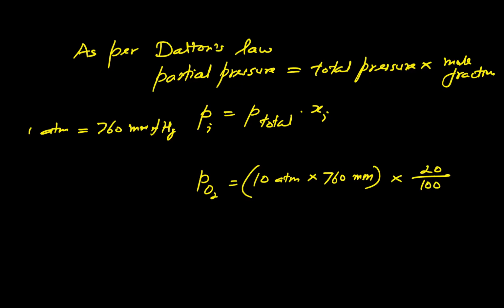From here you got the partial pressure of oxygen. Similarly, you get the partial pressure of nitrogen: total pressure, same, multiplied by its mole fraction, 79%, so the fraction is 79 by 100. Then you will substitute these values of partial pressure of oxygen and partial pressure of nitrogen.